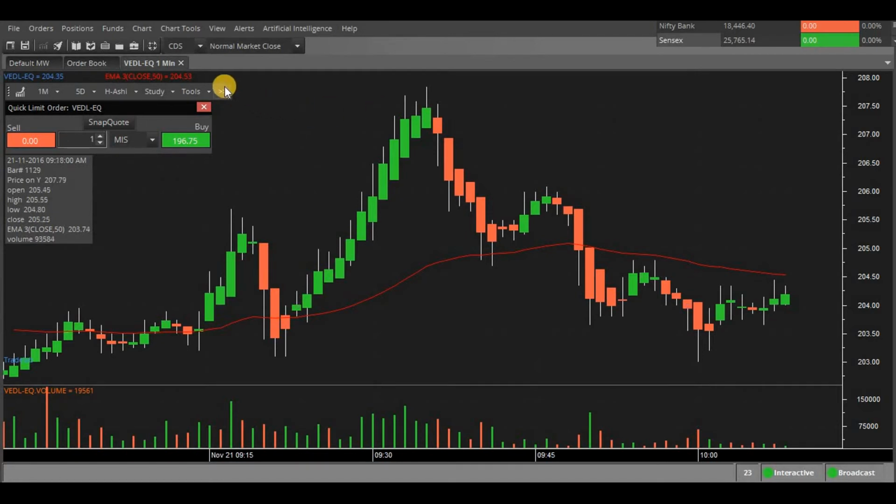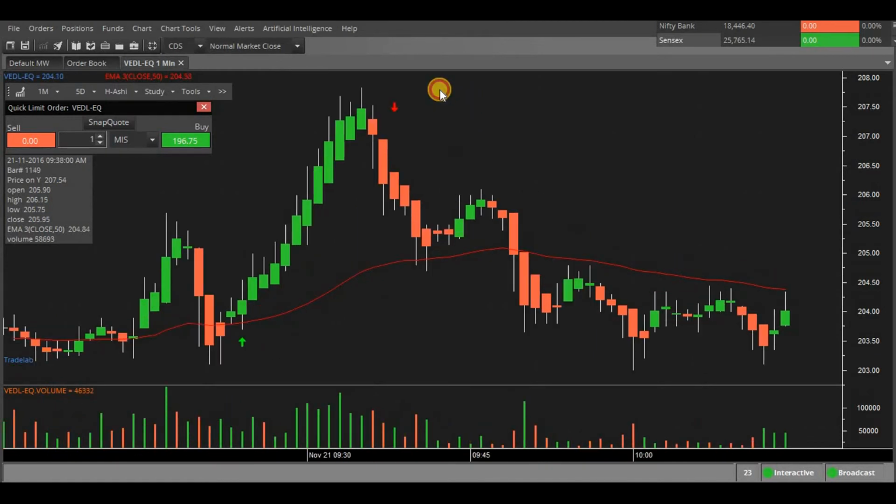So I put here buy and sell. Whenever you get this signal, a price above this EMA line, you have to go long.